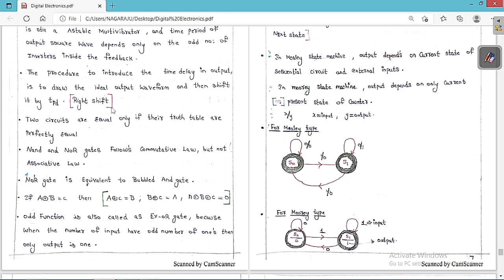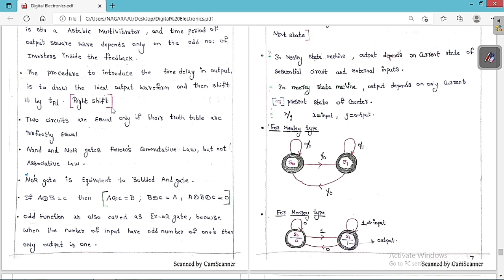We consider the propagation delay of the circuit, and then we get the actual output. So the procedure to draw the time delay in output is to draw the ideal output waveform and then shift it by TPD, the right shift.